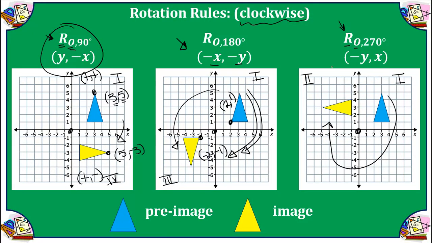You can see if we were going counterclockwise, I would just go 90 degrees and end up in the same quadrant. So our rule is that x is going to remain the same value, the y is negated, and then they switch position. So we have (-5, 3).